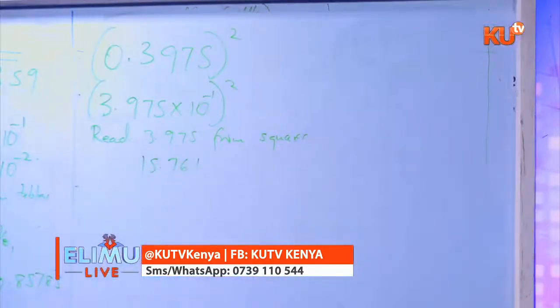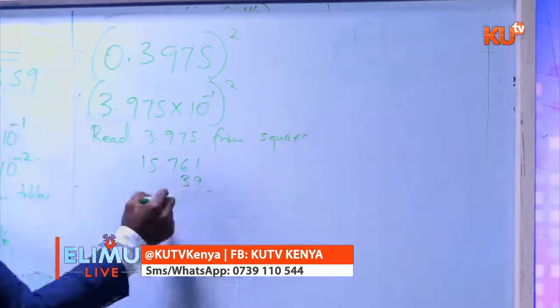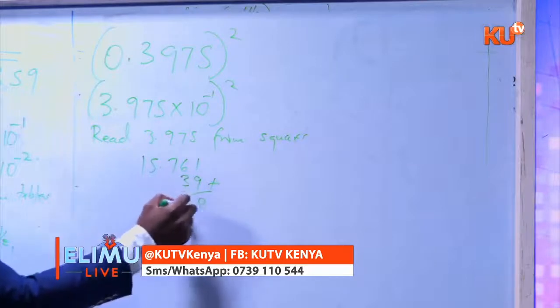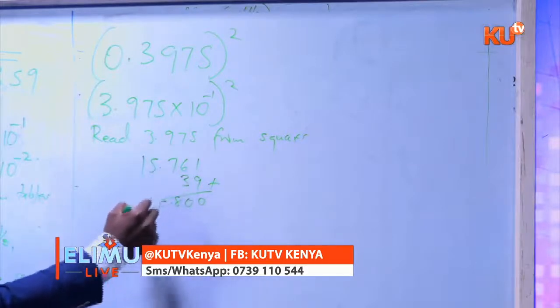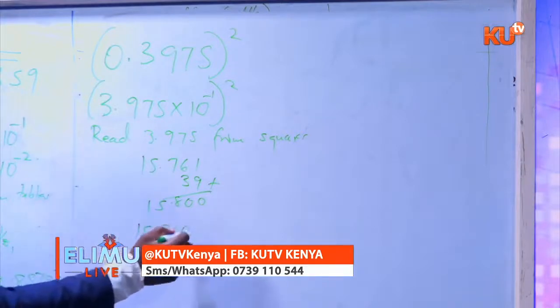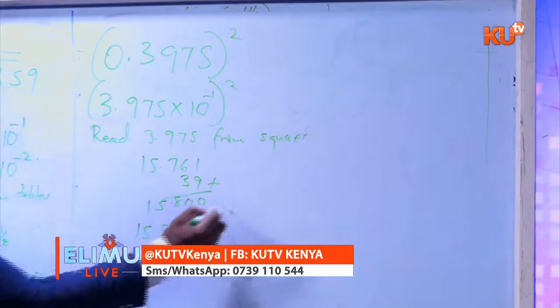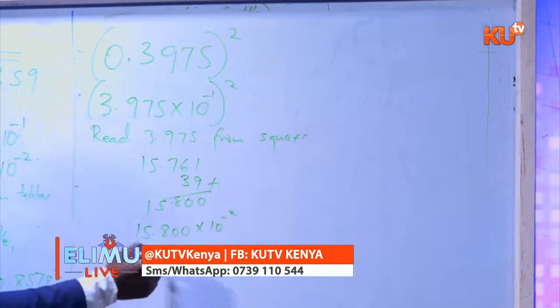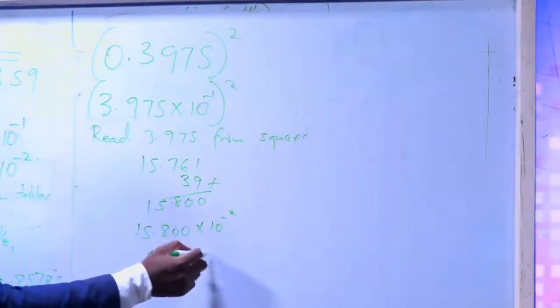Then move with the same line to where you have 5. Below 5, you have 39. So we add, this is 0, 0, 8, 5, 1. So you have 15.800 times 10 power negative 2, that is 0.15800.